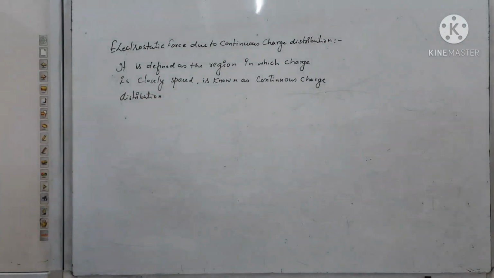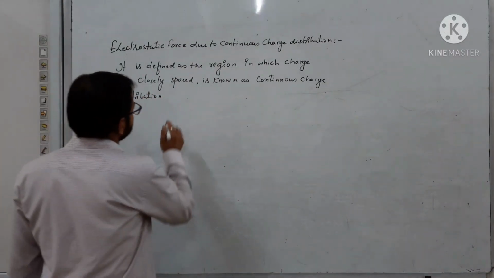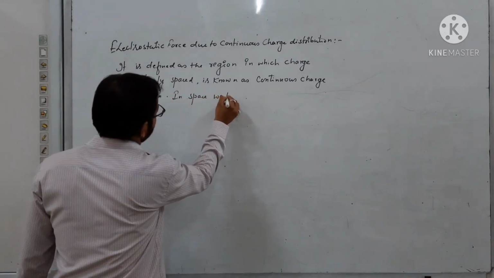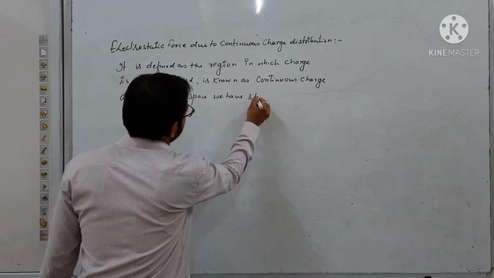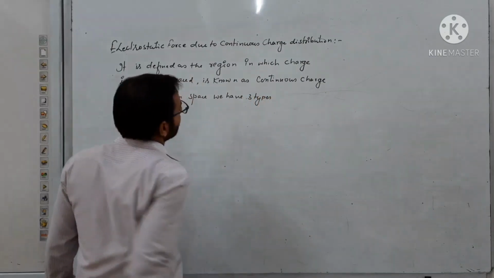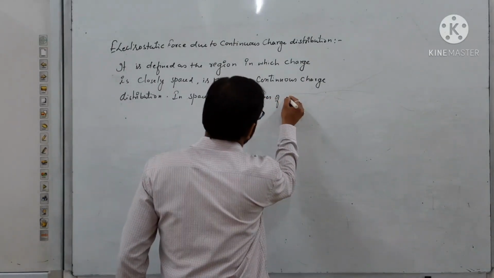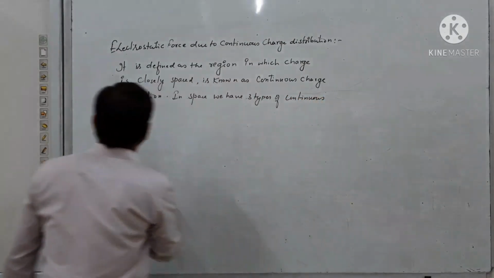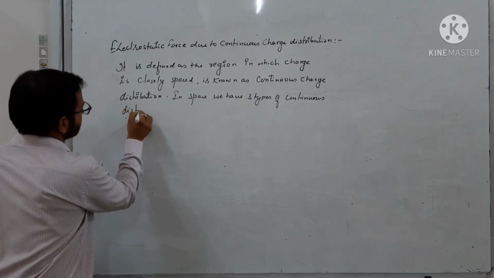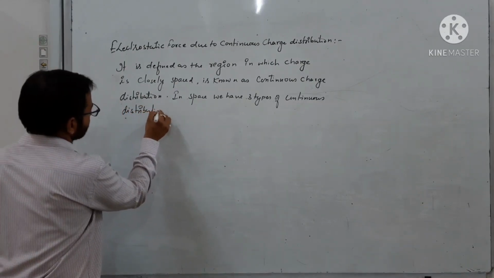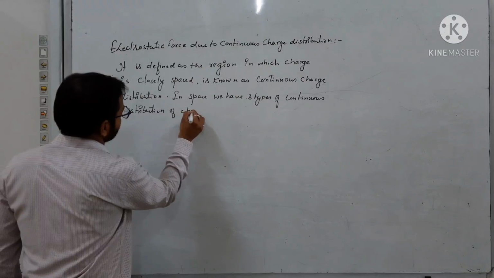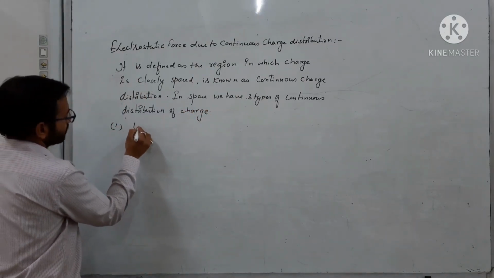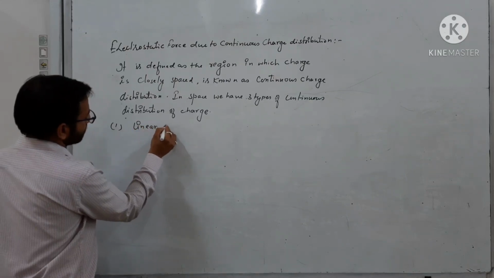Okay, so in space we have three types of continuous distribution of charge. Got it? Namely, first is linear charge distribution.